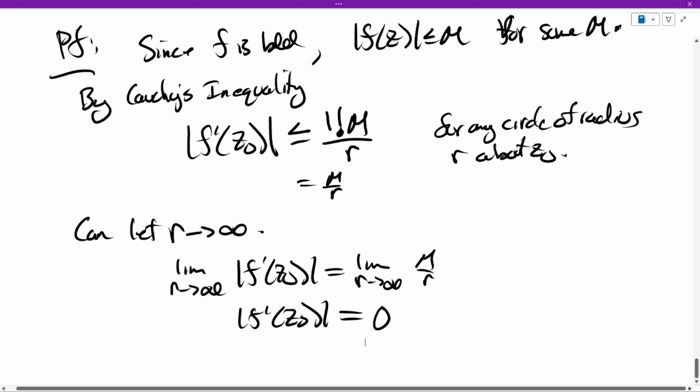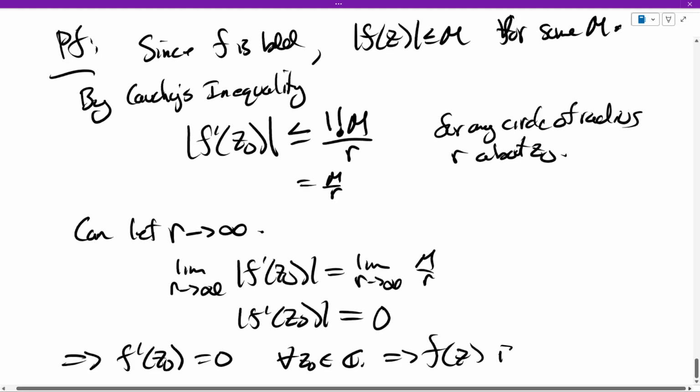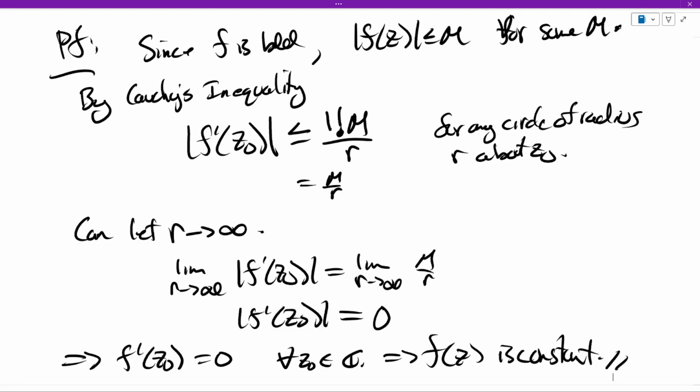And so what this is telling us then is that the value of our derivative at any point is 0 for all z naught in C. But we saw that when the value of the derivative is 0, f is independent of z. And so in particular, f of z is a constant. And that's it. That's what we wanted to show.